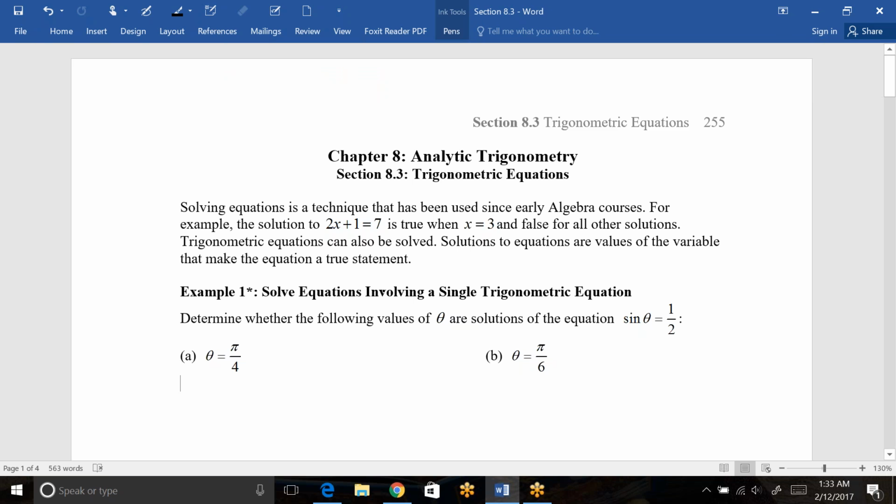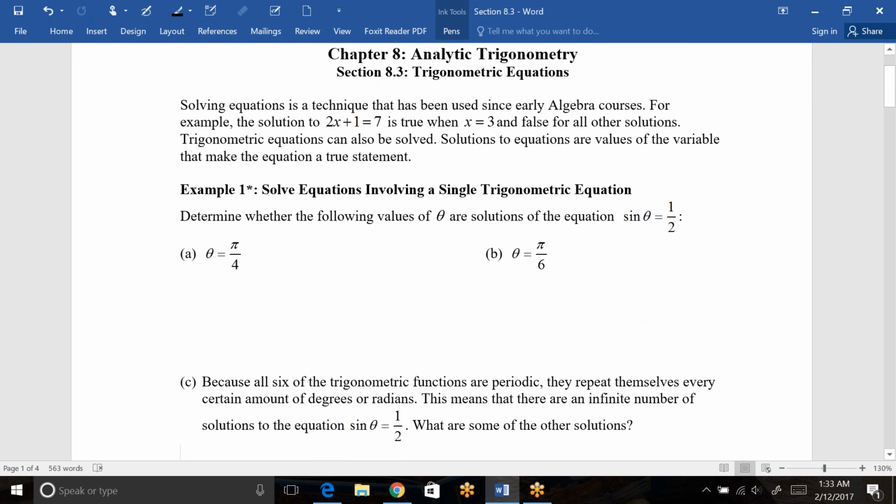So determine whether the following values of theta are solutions to the equation sine theta equals 1/2. So this first problem is asking us to just look at this and say, do these things plug in correctly? So if we write sine of pi over 4 equals 1/2, and we ask, is that actually equal?